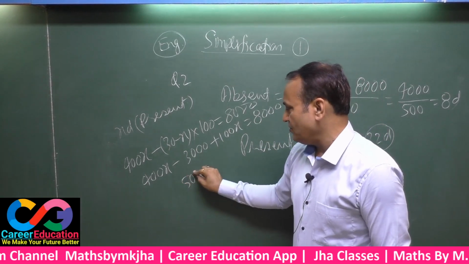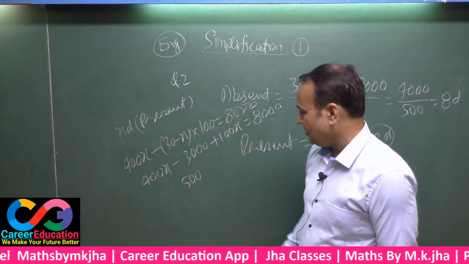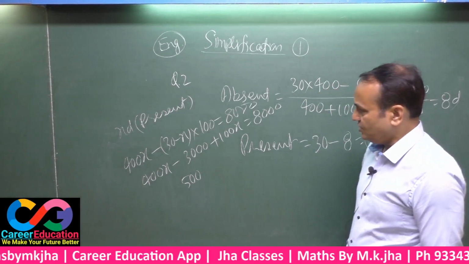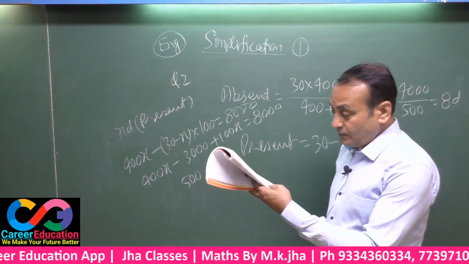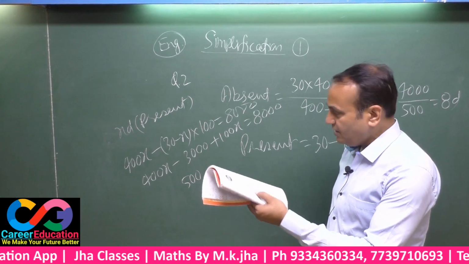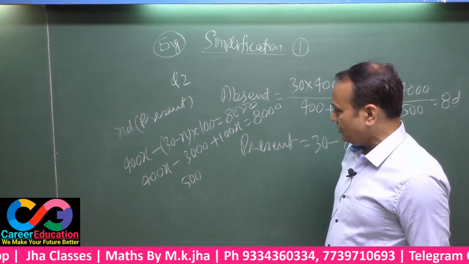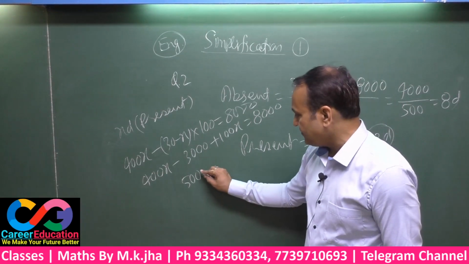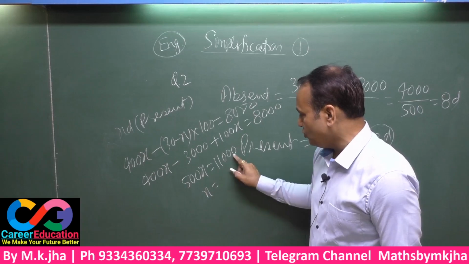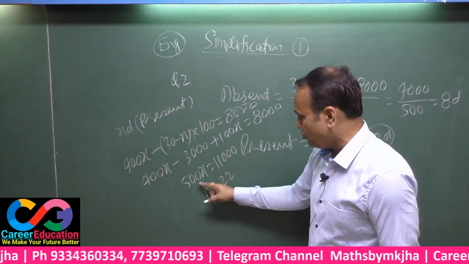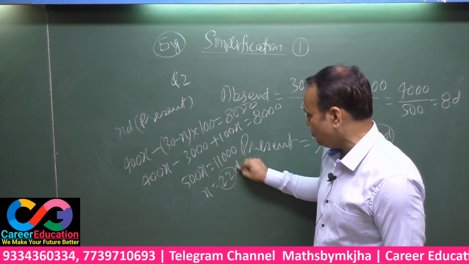This is 500x. Just some mistake is there. The question has asked how many days he remained present. 500x equals 11,000. X equals 22. This is your answer.